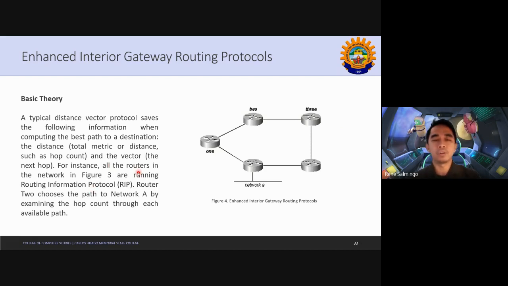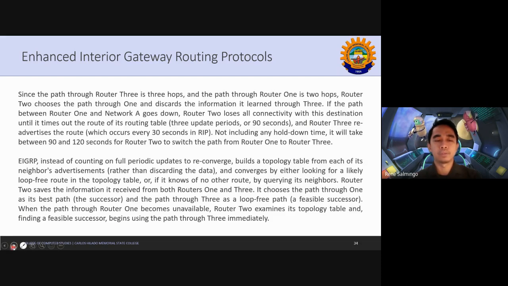Next hop, for instance: all routers in the network in figure 3 are running Routing Information Protocol, or RIP. Router 2 chooses the path to network A by examining the hop count through each available path. Since the path through router 3 is 3 hops, as I mentioned, and the path through router 1 is 2 hops, router 2 chooses the path through 1 and discards the information it learned through 3.